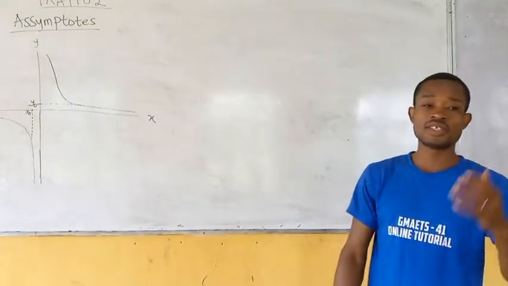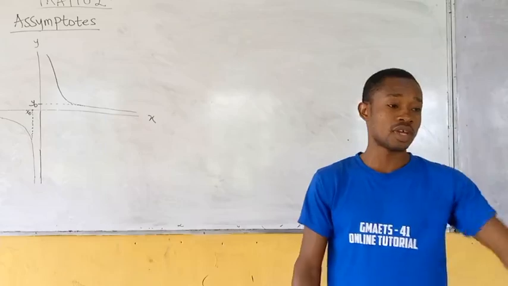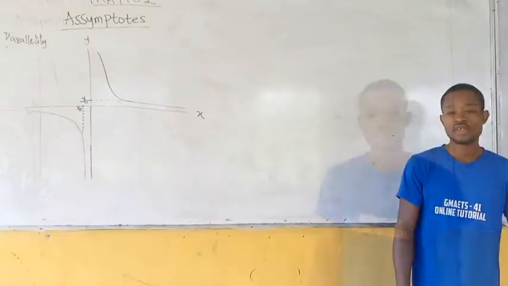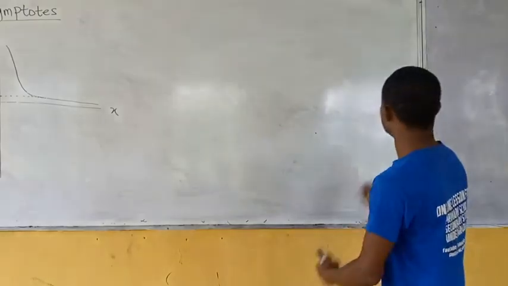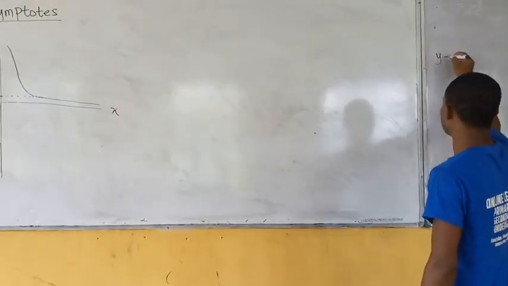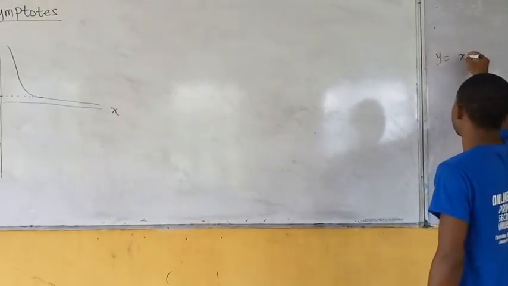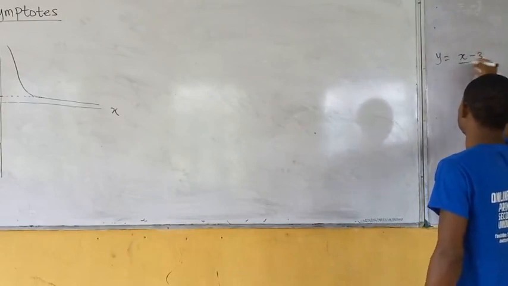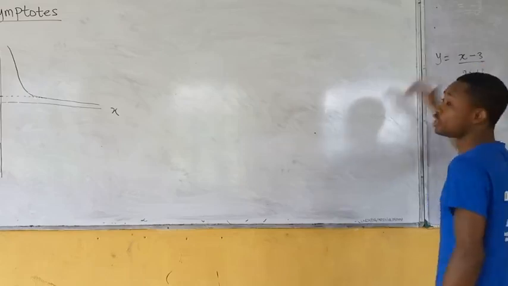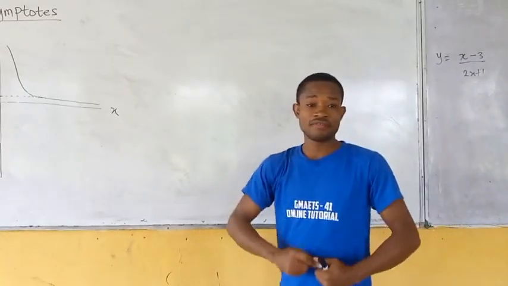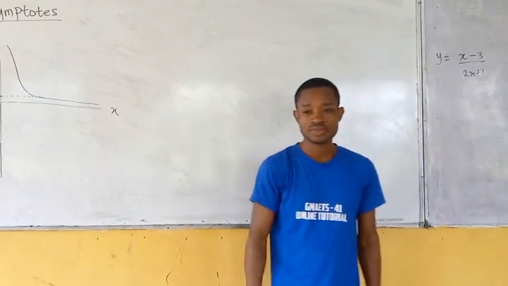we simply set the denominator equal to what? 0 and solve for x. So you should take note of that. That happens mostly if someone gives you a function, y equal to, let's say, x minus 3 all over, say, 2x plus 1, for example, and says you should find what? The vertical asymptote.